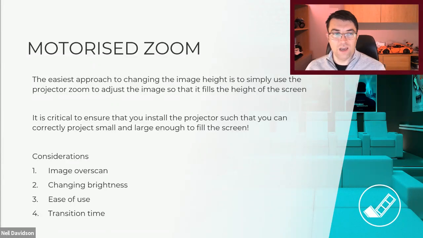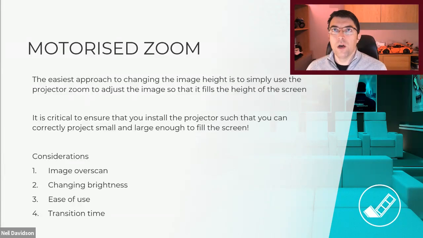If you are going to use motorized zoom, you have to make sure that the projector is installed so that you can correctly project both small enough and large enough to fill the screen. You would still not believe how many times we see people getting that little bit wrong. That's a really important mistake to avoid if setting up a motorized zoom system.